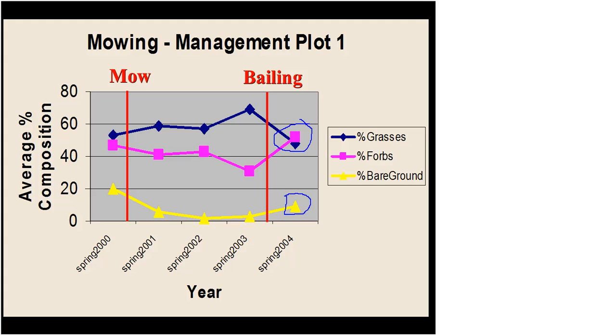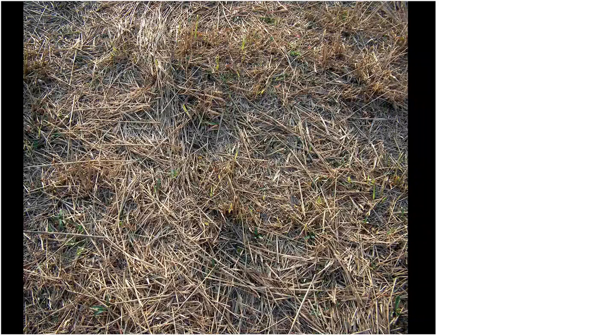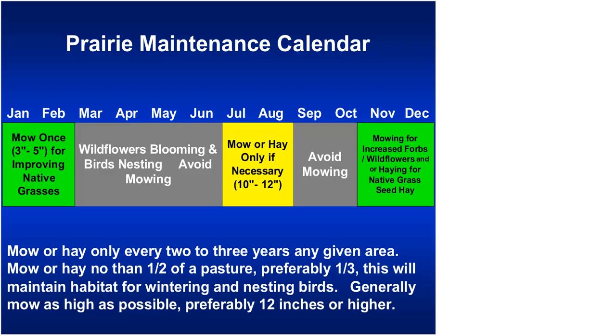As an example, one of the things I encourage is thinking about it from a prairie calendar. If you're managing for grasses, only do one of these activities per year. In the early spring and in the midsummer, in this area right in here, we're talking about birds nesting, and so we want to avoid doing any mowing or baling at that time of year.